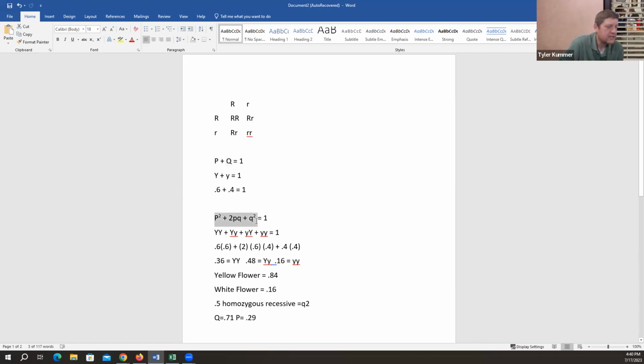The second equation is, instead of thinking of the population as a bucket of alleles, now we're thinking of them as actual individuals. Okay. P still means the probability of getting a yellow bead or dominant allele. Q still represents the probability of getting a white allele or white bead, recessive allele.